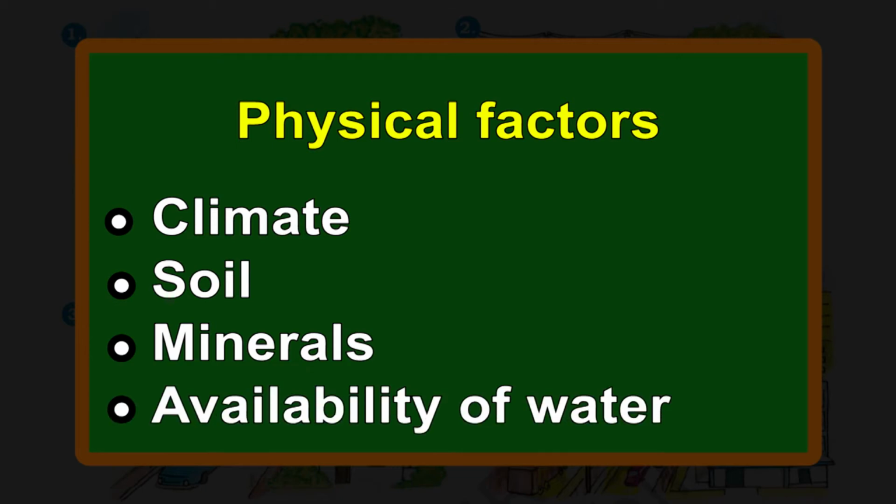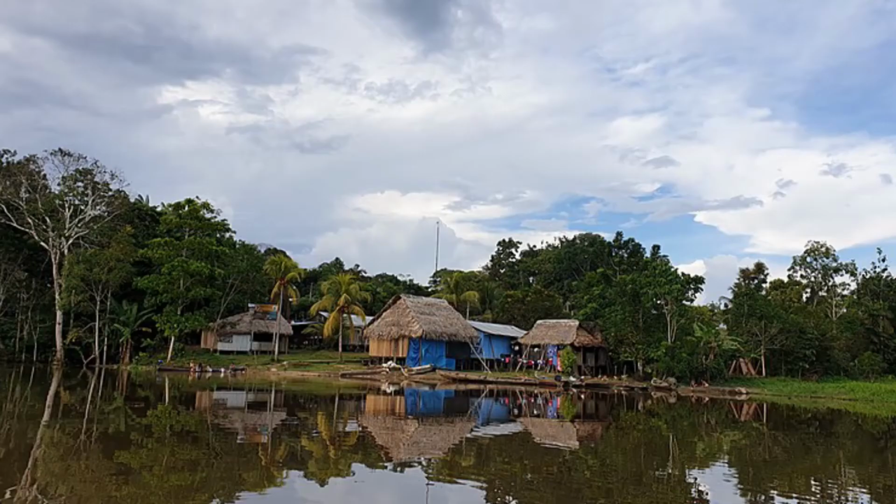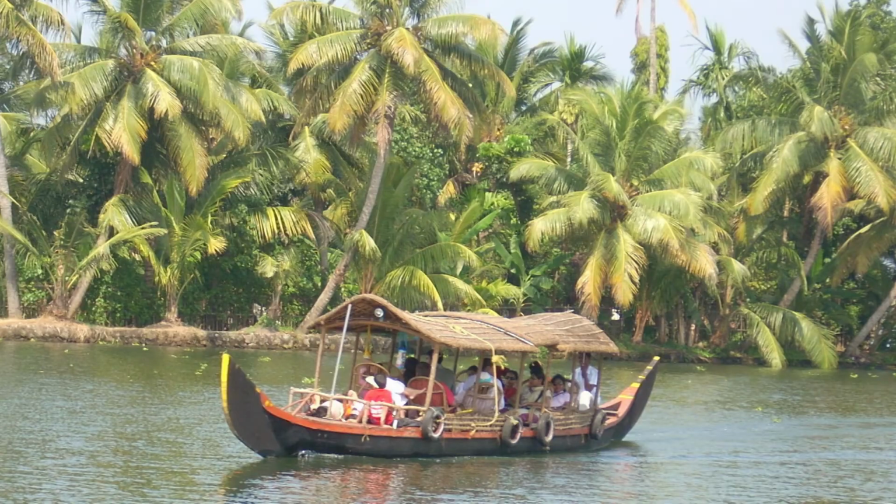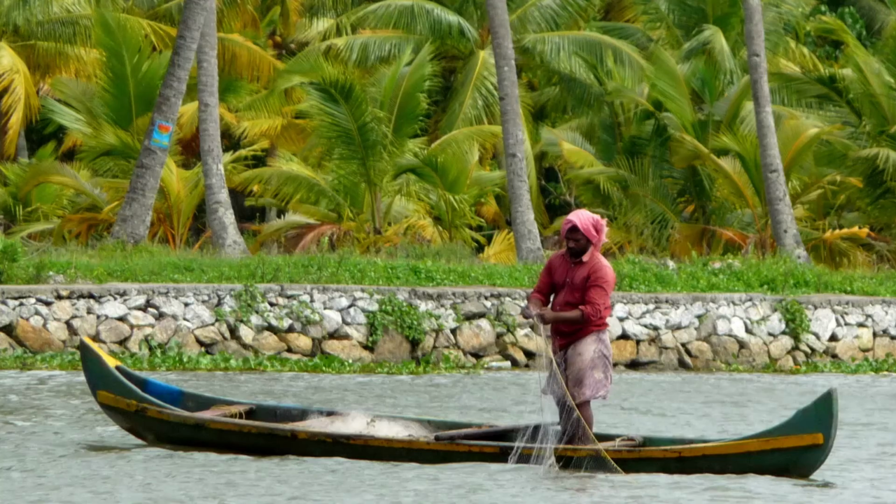Ma'am, why are there differences in land use activities? Good question, Sucheta. As we discussed earlier, different places have different types of climate, soil, minerals and availability of water. So these are the physical factors which influence the kind of land use. For example, if we live near water bodies, we can enjoy boating and fishing activities.